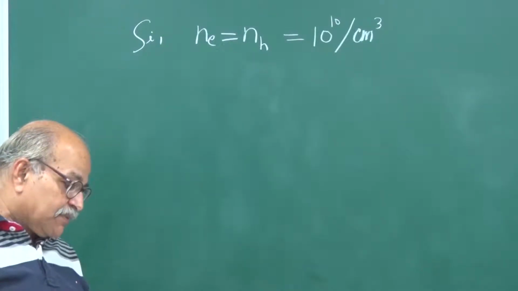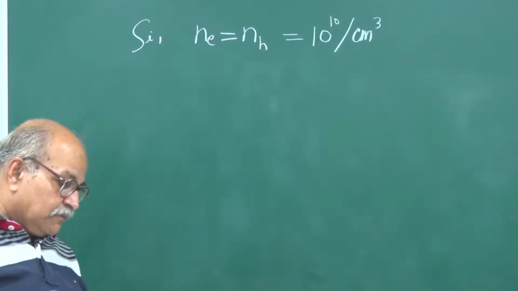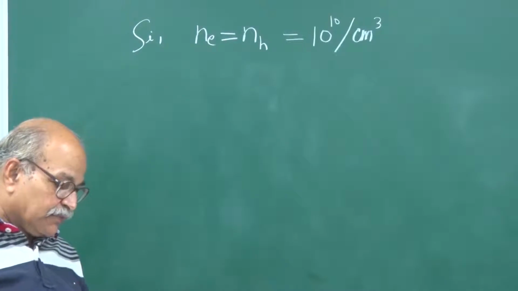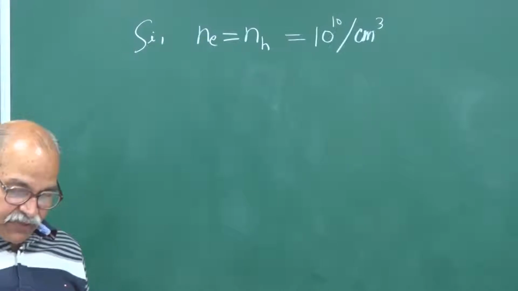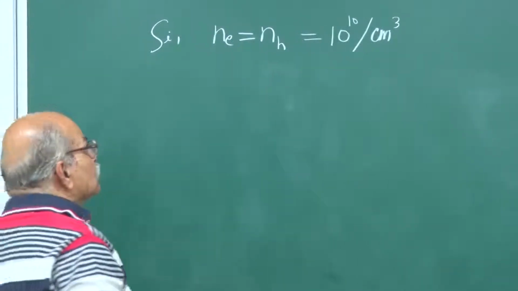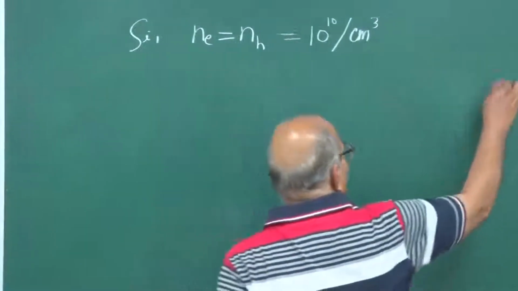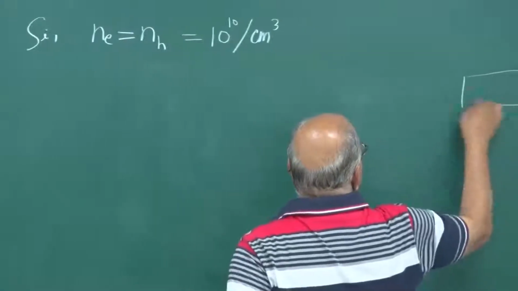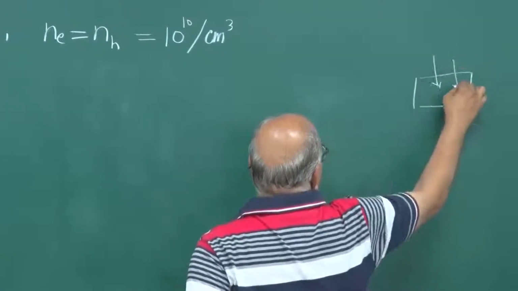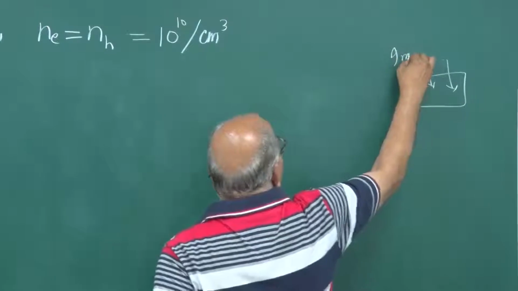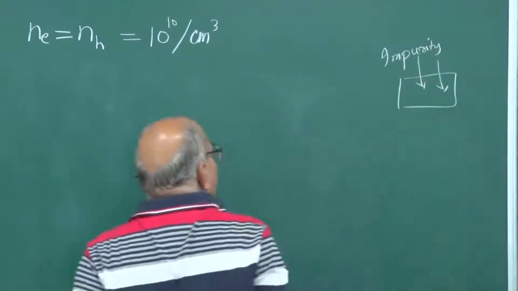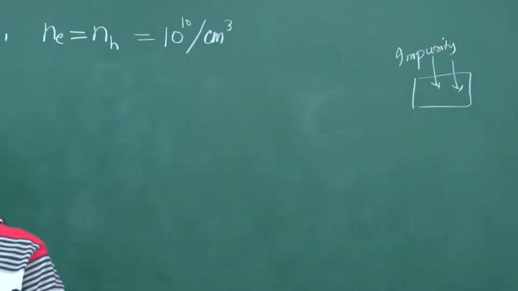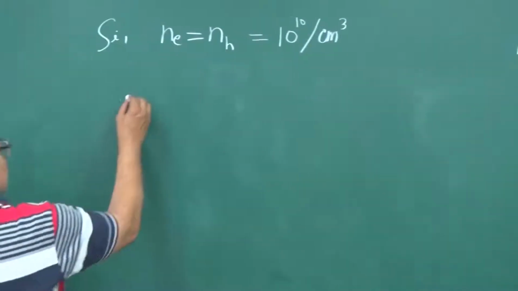A p-type semiconductor is made by doping impurity with concentration 10 power 17 per centimeter cube. So in this silicon, which is intrinsic, you dope some impurity, and that impurity concentration is given, it is 10 power 17.